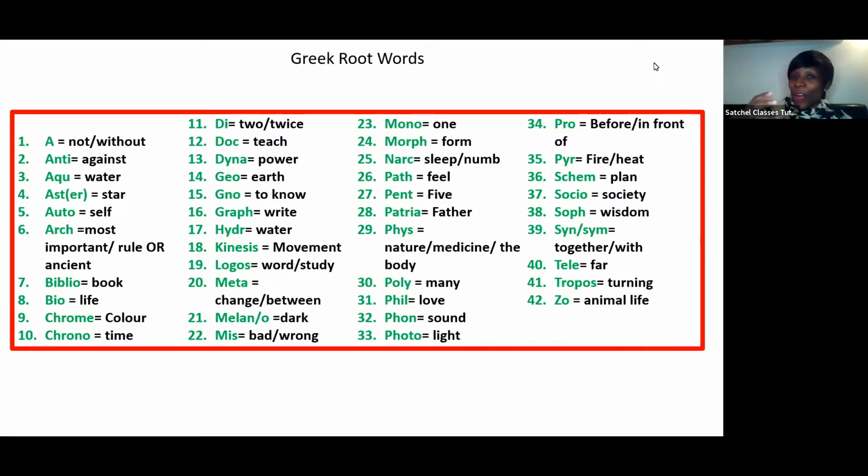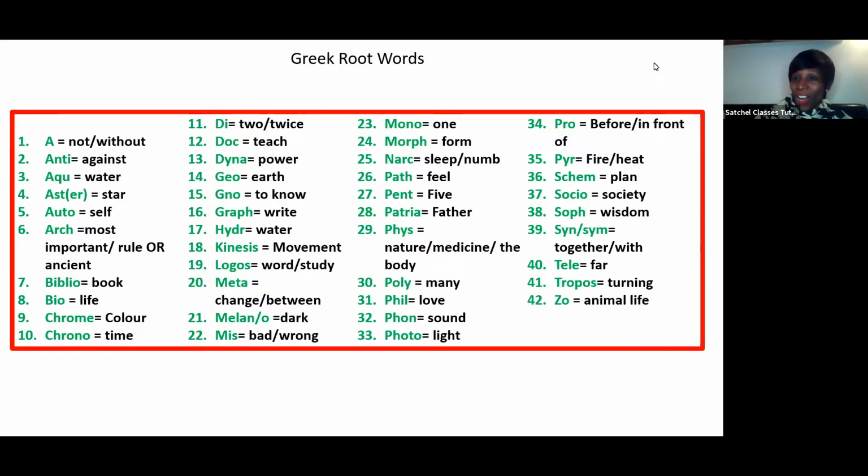Geo is about the earth. Know, like without the silent G, is about to know. Graph is to write or to record. So graphology, or biography. It's the writing or recording of life and life stories.